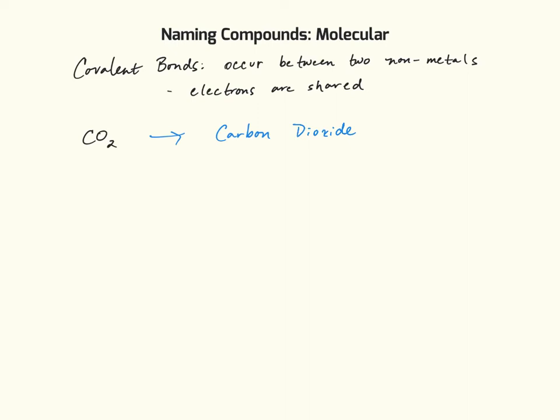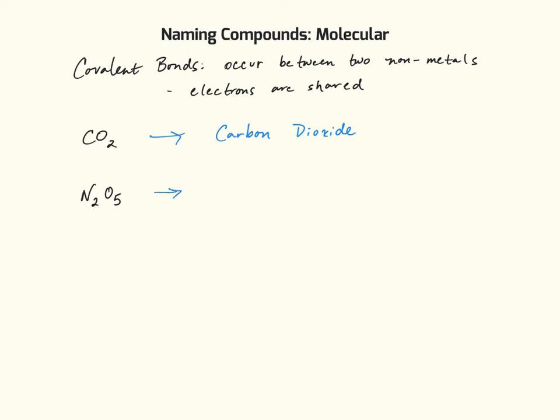Okay, but now let's say that I had one that looks like this. My next example here, let's say that we had N2O5. Well now notice our first nonmetal here actually has a subscript. We have 2 nitrogens, so now we actually have to add a prefix in before the first name.